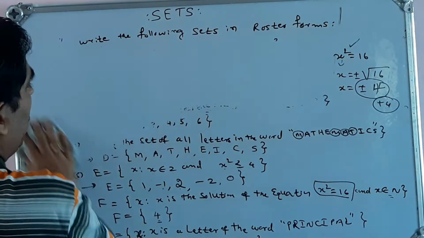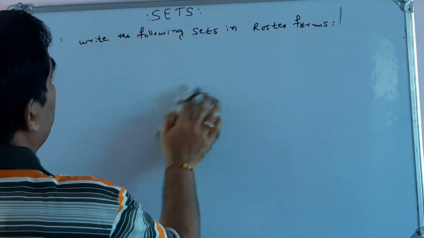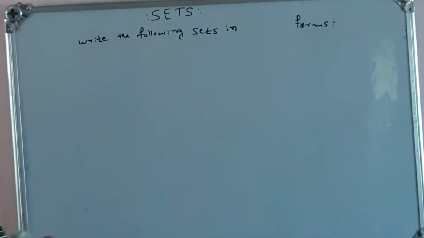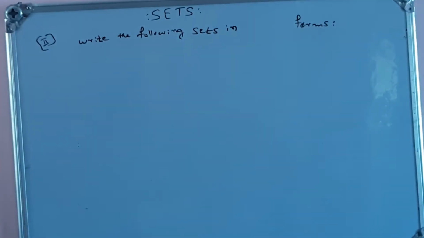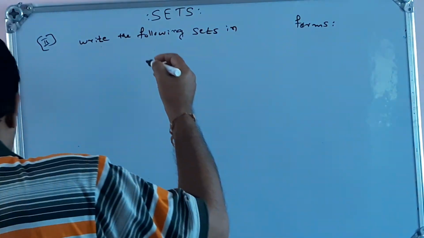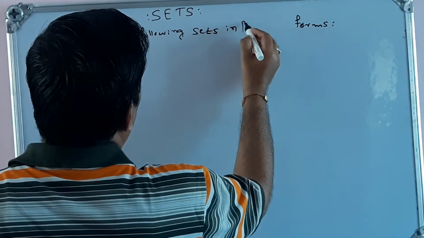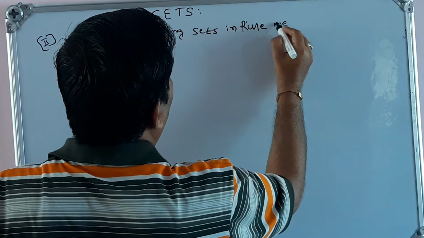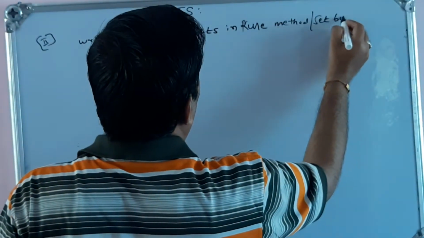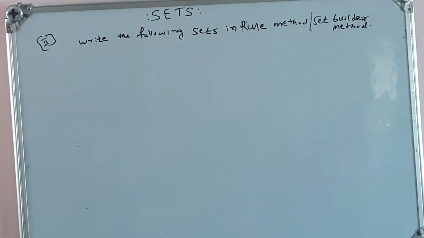Okay. So let me consider some more examples. So next, write the following sets in rule method or set builder method.